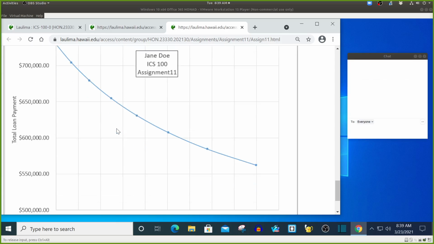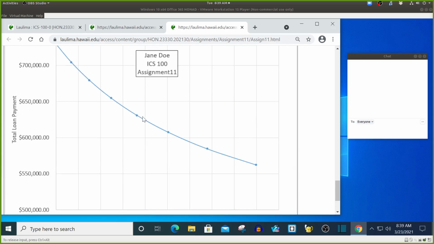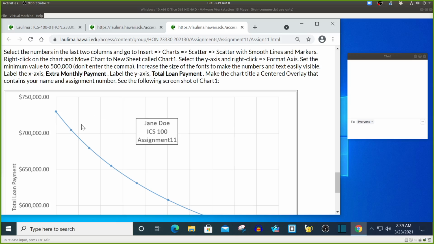And if I spent, say, $400 extra a month, the amount that I save over the base loan is definitely way less than the amount I save after just spending $100.